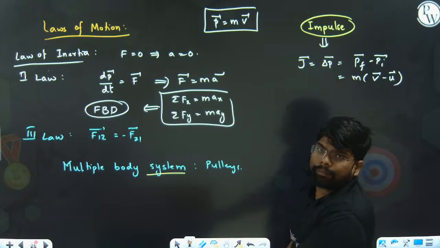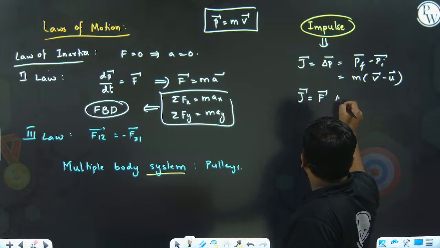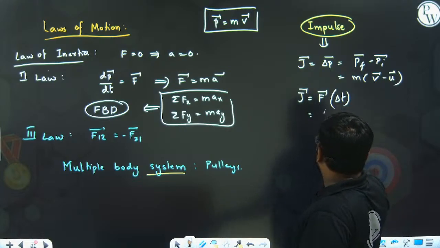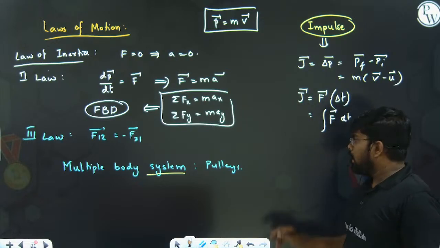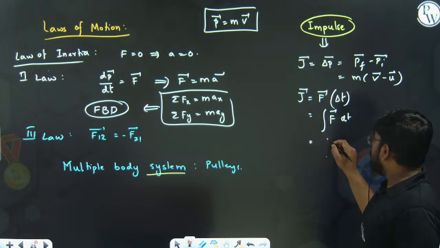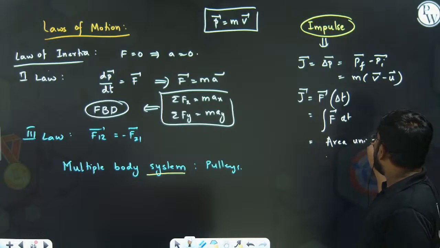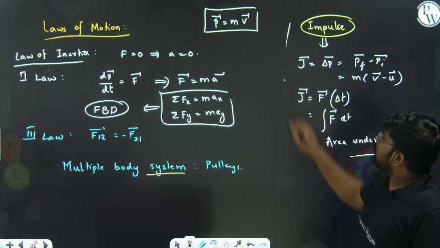This is one method. The other method, if you know the force and it is a constant force, is F into time interval. And if it is a variable force, then we don't have much of a choice but to integrate. And if a graph is given, that is an FT graph, the area under the FT graph gives us impulse. So these are the methods to calculate.